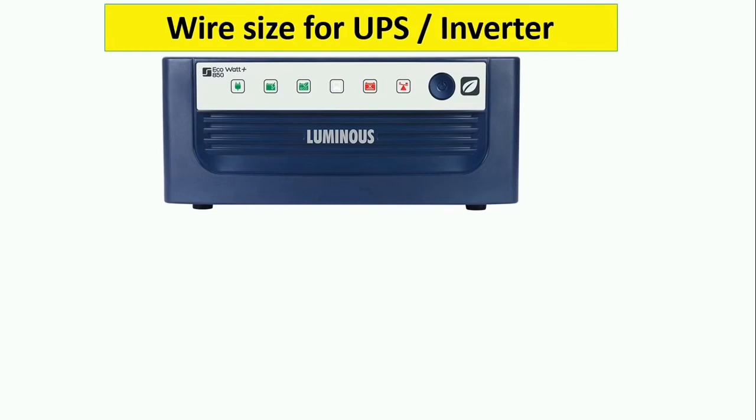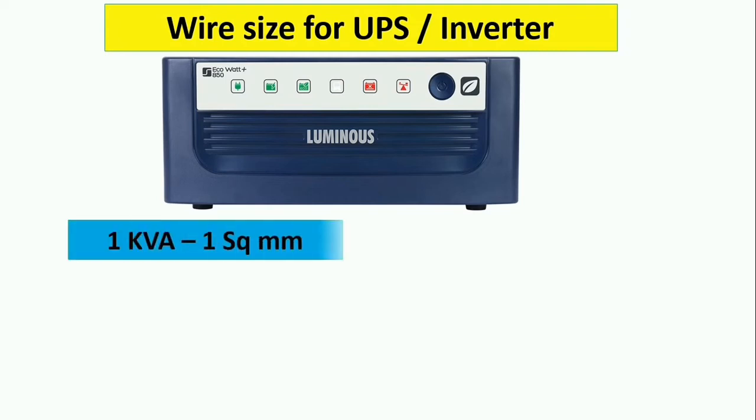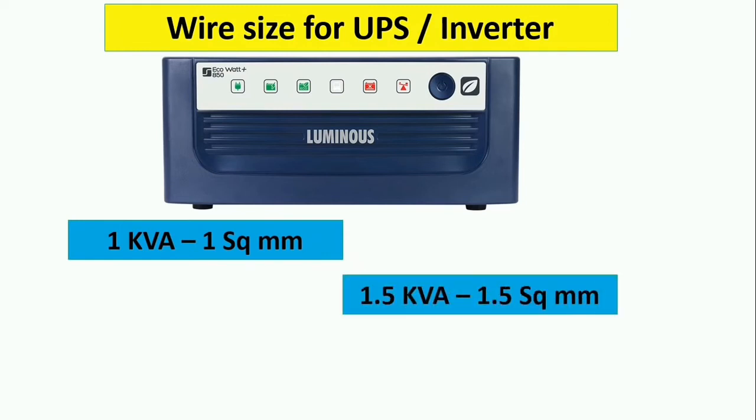Now, for a UPS or an inverter that you might likely want to install in your homes, let's say a 1 kVA inverter, you could use 1.5 mm or 1 mm, depending on the kVA. But ideally, for 1 kVA, you could use 1 millimeter. For 1.5, you could use 1.5.